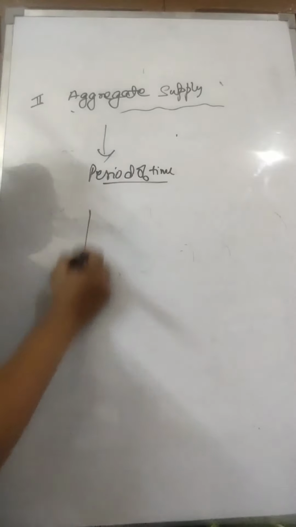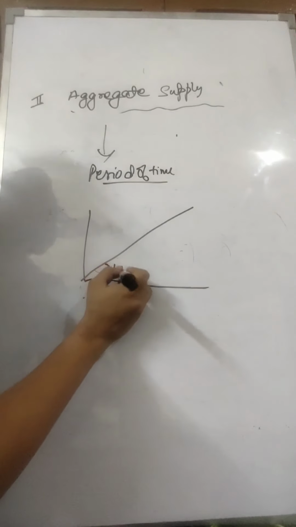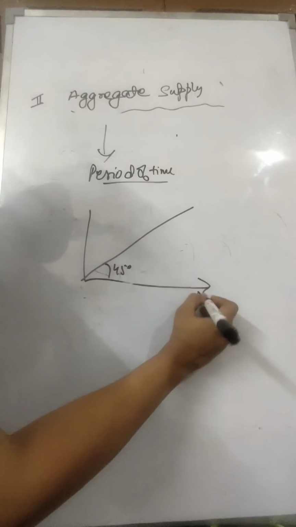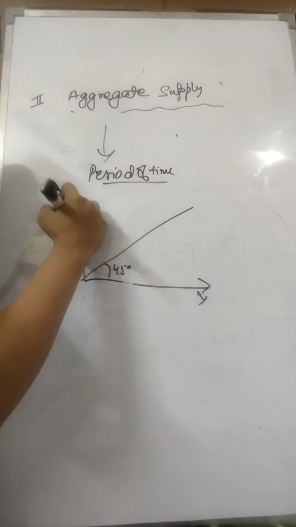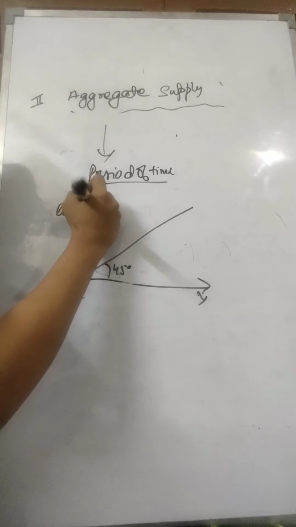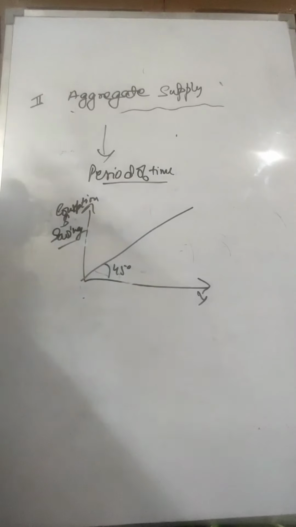Okay, so that's why we can say that the aggregate supply curve is a 45-degree line, because your income is this, and consumption plus savings. So what do you do with your income? Either you consume or you save. So whatever your aggregate supply will be, either you will be consuming or you will be saving.